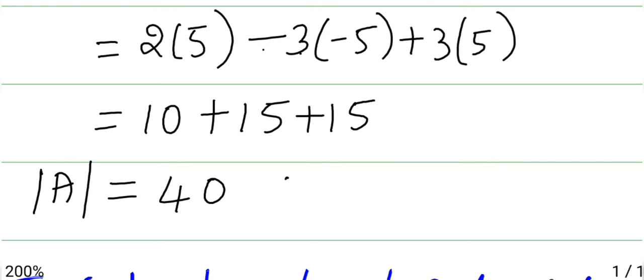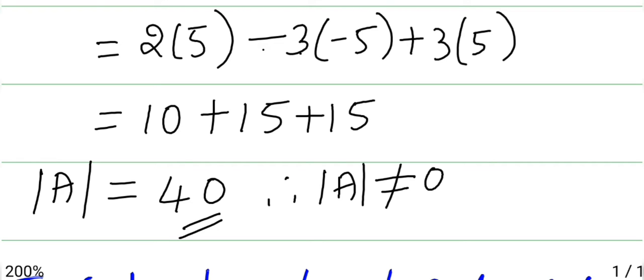Therefore mod A does not equal 0, it is a non-singular matrix. Whenever you get some answer, it is a non-singular matrix. So mod A is not equal to 0. If it is not equal to 0 and you get some answer, then A inverse exists.